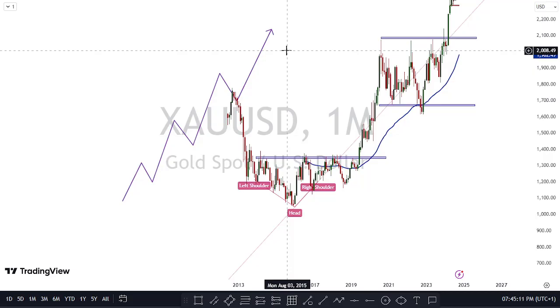Moreover, all these things are best applied when they are within an area of interest. Not just because you see a double top on the 4 hour, because that 4 hour is under the daily and the weekly.